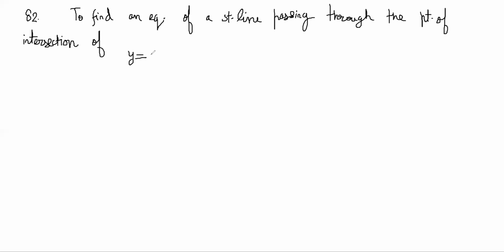Let's use the lines that he has written. Let's say one line is a1x plus b1y plus c1 is equal to 0, and the other line is a2x plus b2y plus c2 is equal to 0.